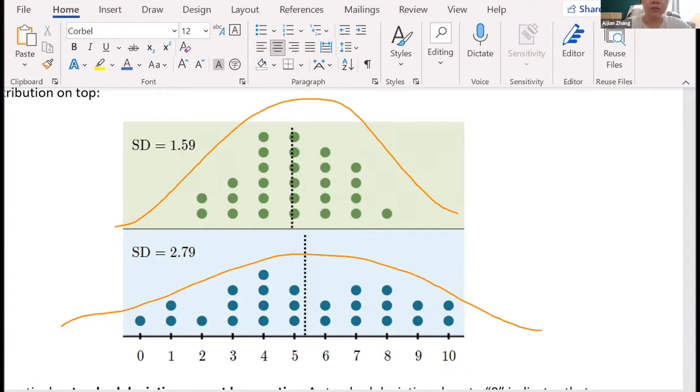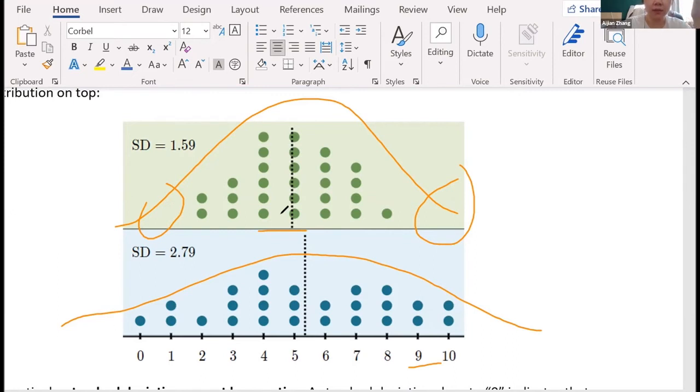When you're looking at the green graph, you can see that at the sides, 0, 1, and 9 and 10, there are no entries. However, focusing on the middle, where 4 and 5 are, they have the most entries.